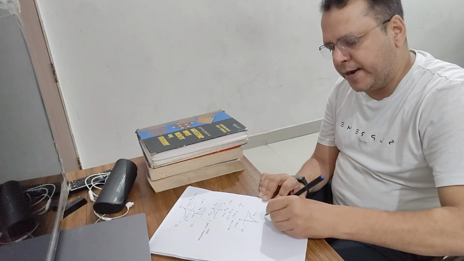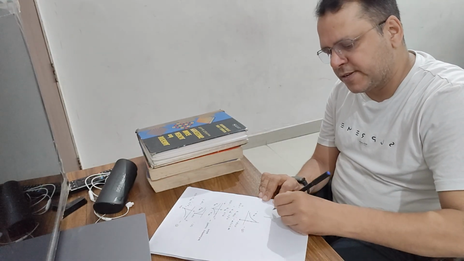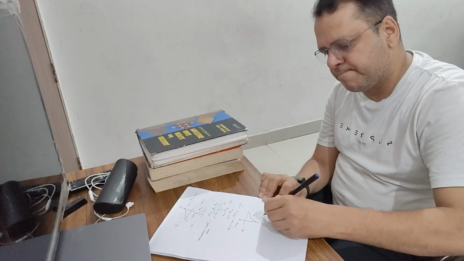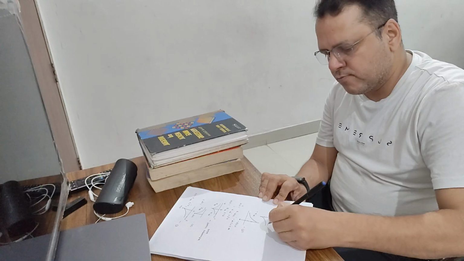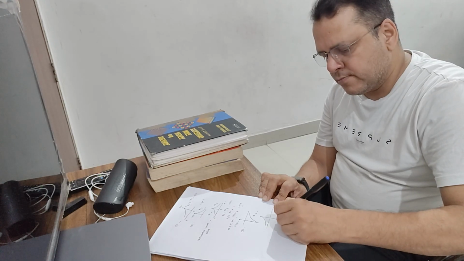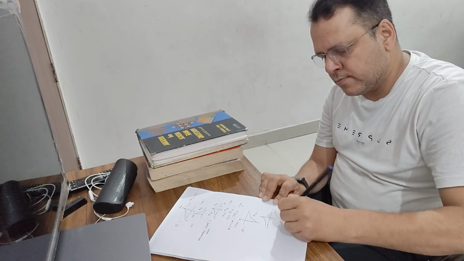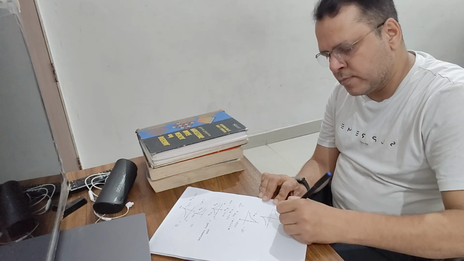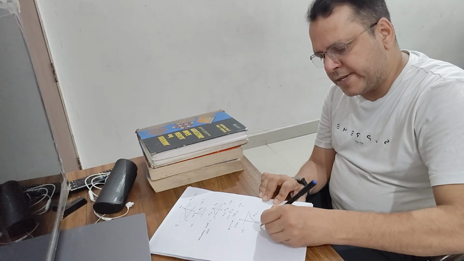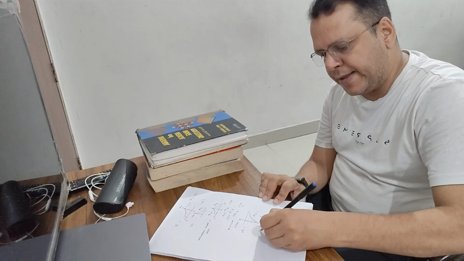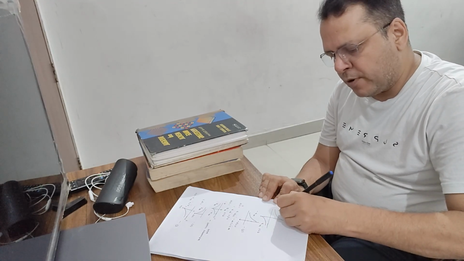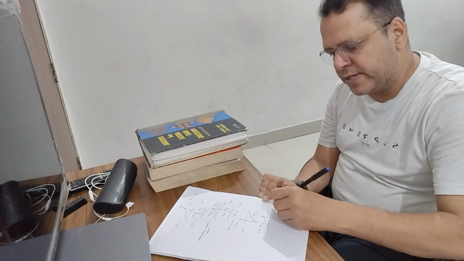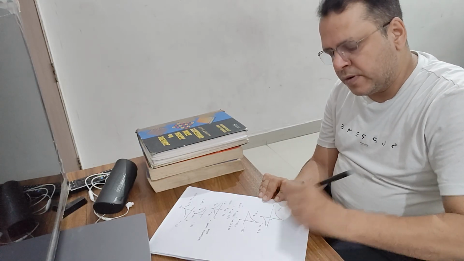If you add 1 and 3, you will get a pulse like this. This is e power minus at for t greater than 0, equal to minus e power at for t less than 0.